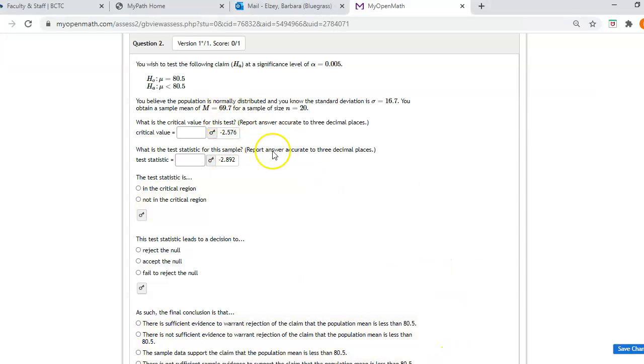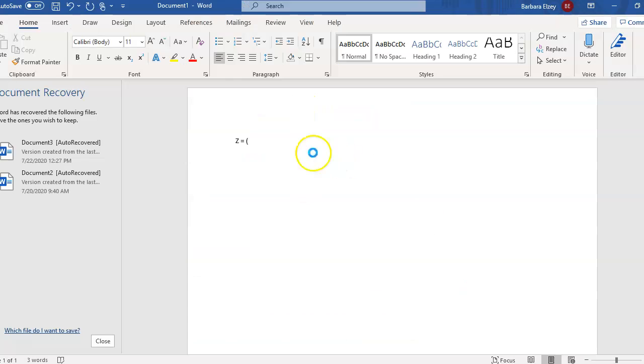Our mean is 80.5. Our standard deviation is 16.7, and we have a sample size of 20. If we plug those values in, we'll have our sample mean first, followed by our population mean, divided by our standard deviation, divided by the square root of 20.